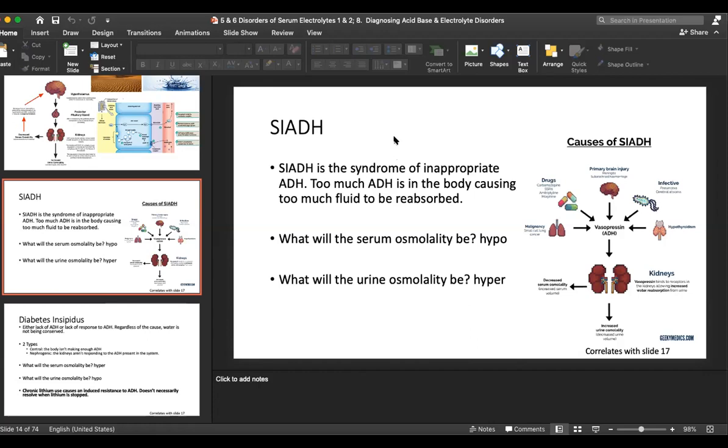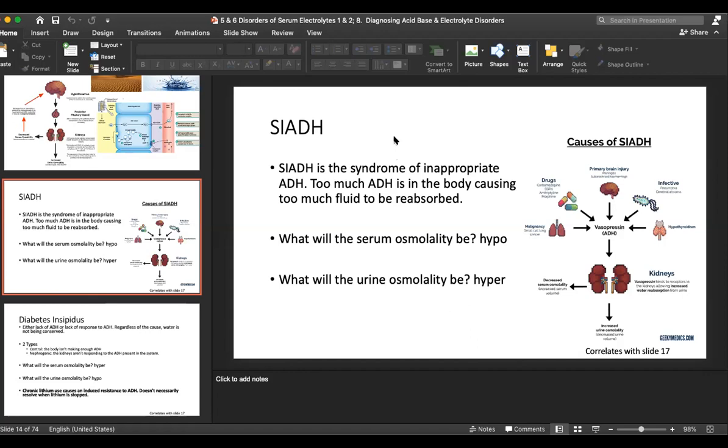So basically, the way I think about this is, ADH sort of dries you out. It makes you reabsorb all the water. So your urine is going to be really concentrated.